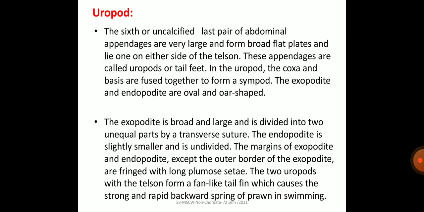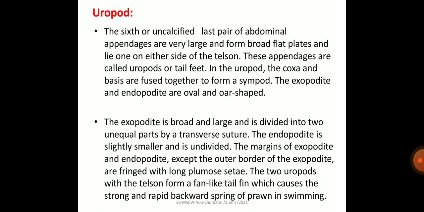Finally, the uropod, which is the 6th abdominal appendage. It's the uncalcified last pair of abdominal appendages, and it's quite large and forms broad flat plates and lies on either side of the telson.